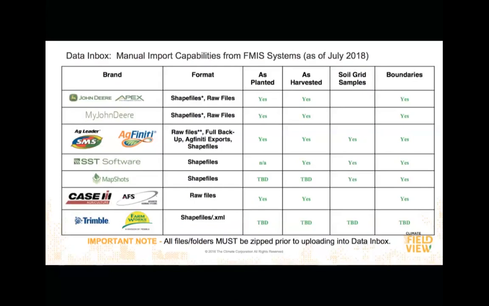And in the My John Deere case, we can actually move it via something called an API, where we just type in our My John Deere username and password, and the data will transfer automatically to FieldView without having to use any thumb drives or downloading data to the desktop and then moving it into FieldView. So we'll show you how that happens here in a little bit.